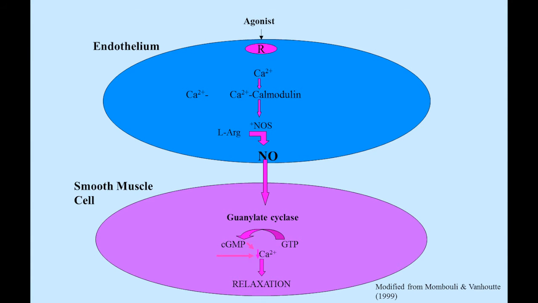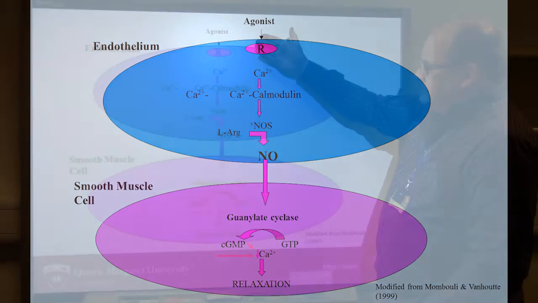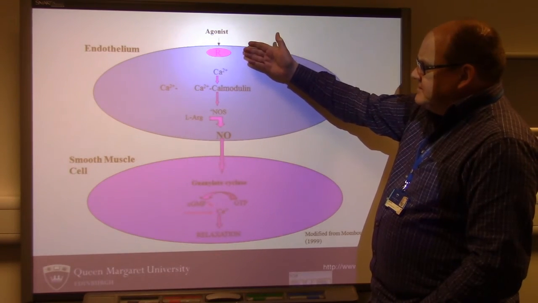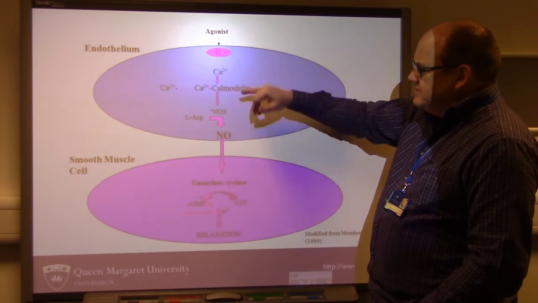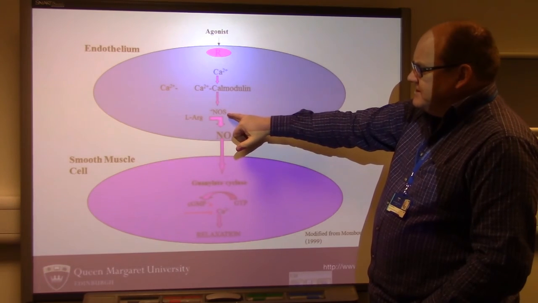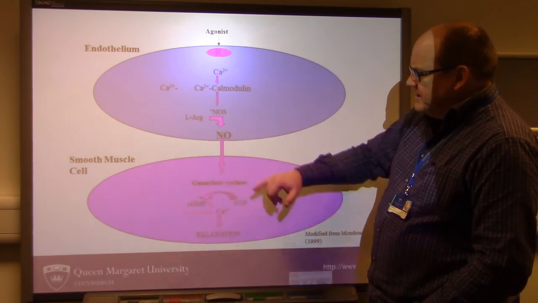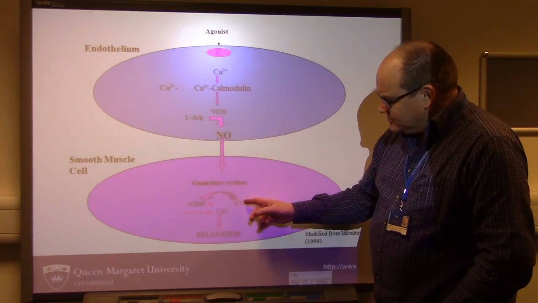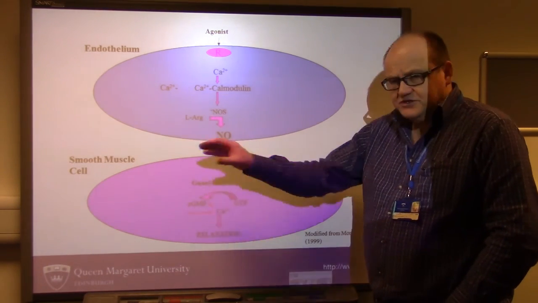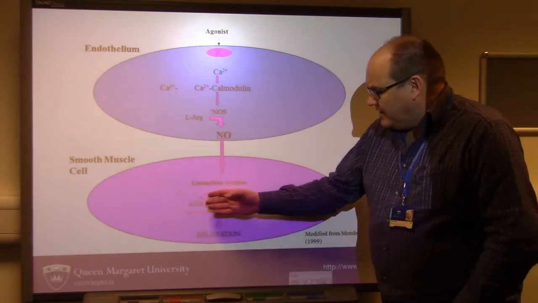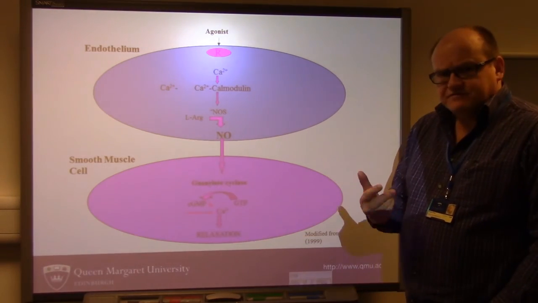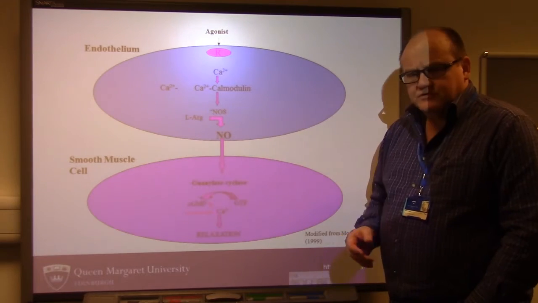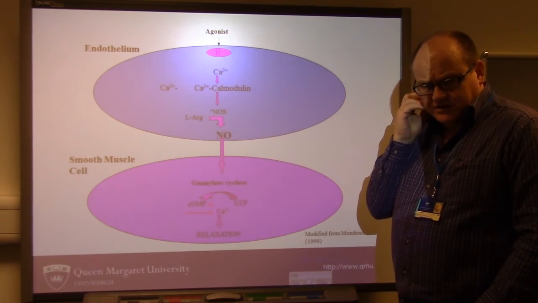So what we've got here is, we've got the agonist, okay? And the agonist then works on its receptor, activates the nitric oxide synthase, produces the nitric oxide, which goes across, which converts GTP to cyclic GMP in the smooth muscle cell, and the increase in levels of cyclic GMP subsequently reduces the levels of intracellular calcium.